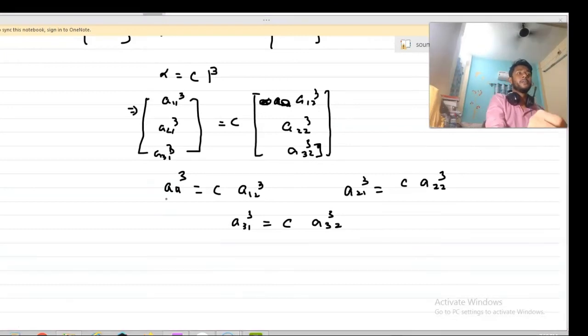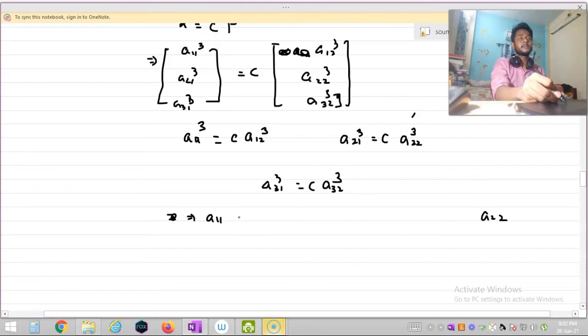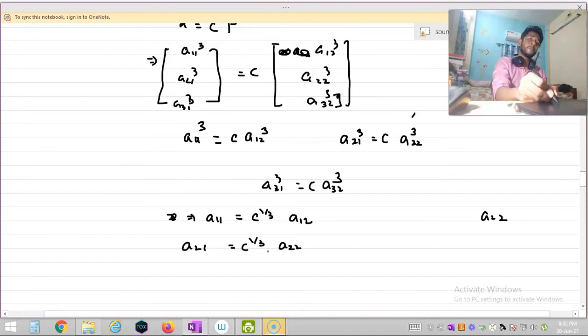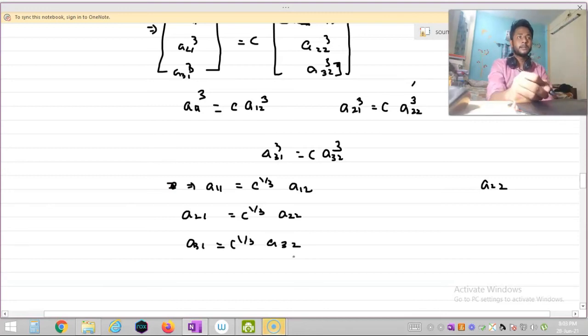Hence from this I can say that A11 equals C to the power 1/3 times A12, A21 equals C to the power 1/3 times A22, and A31 equals C to the power 1/3 times A32.